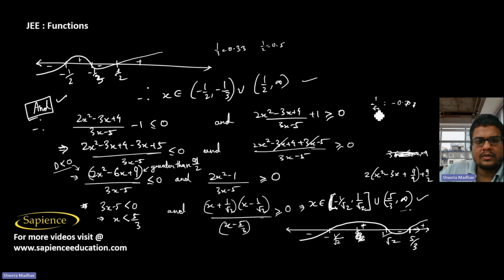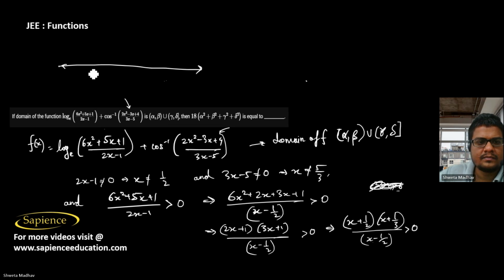So it means minus 1 by root 2 is less than minus half also. So here we have minus 1 by root 2. Here we will have minus half, minus half is minus 0.5. Here we have minus 1 by 3.